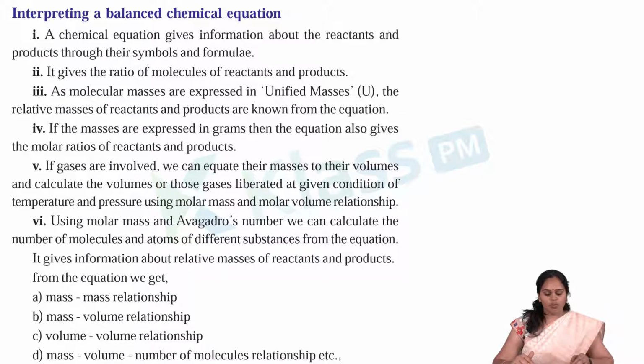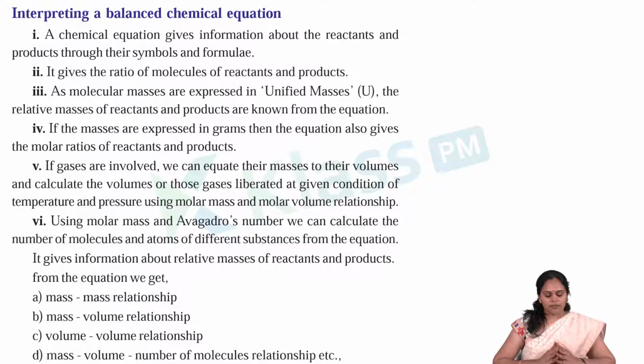If gases are involved, we can equate their masses to their volumes and calculate the volumes of these gases liberated at given conditions of temperature and pressure using the molar mass and molar volume relationship. Using molar mass and Avogadro's number, we can calculate the number of molecules and atoms of different substances from the equation. It gives information about relative masses of reactants and products.